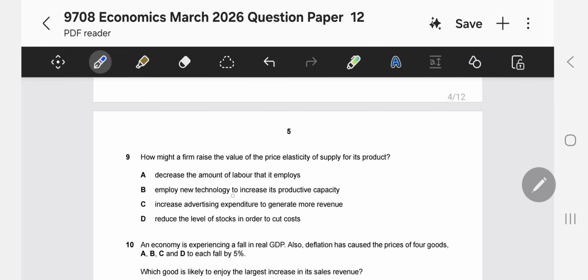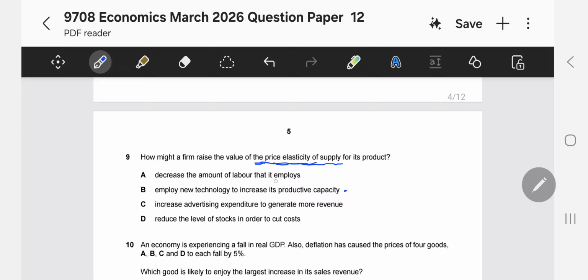You know this from economics. If you don't know the factors that affect price elasticity of supply, just hold on. In my next videos, I'm going to start teaching some economics, and it's going to help you here. So here we're just looking for something to do with how goods can be stored and how quickly suppliers can change that. I think the correct answer should be B, but let's go through the answers.